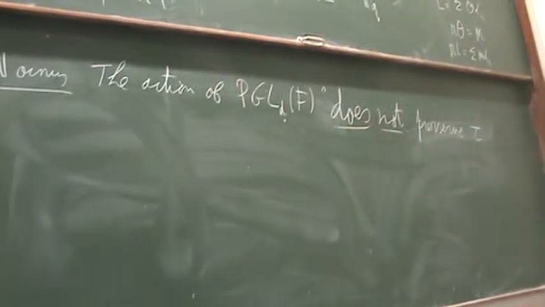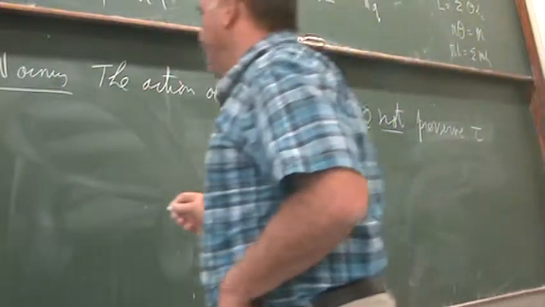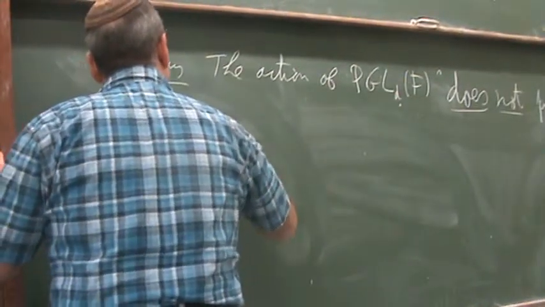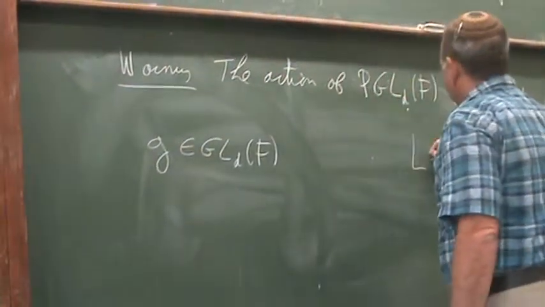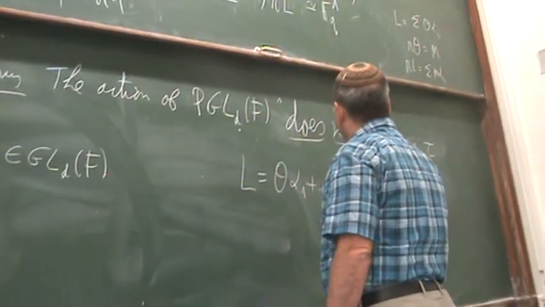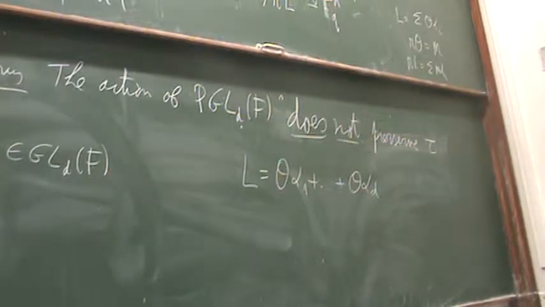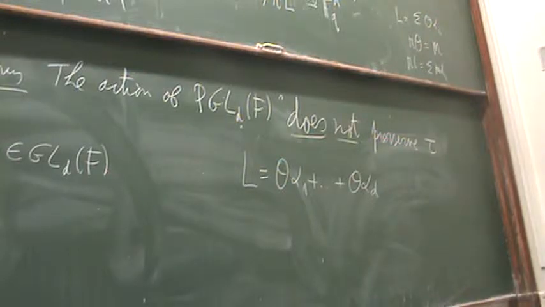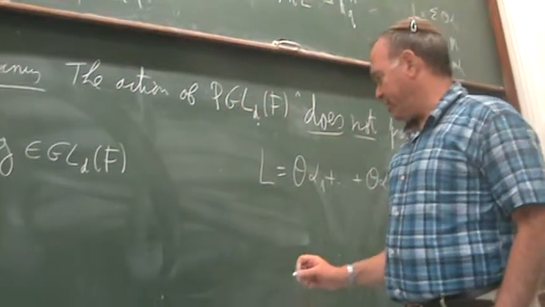But let's see how it acts. You can really understand how it acts. Let's look at an element G in GL_d(F), and let L be something like O alpha_1 plus ... plus O alpha_d. One way, if you remember, which I told you, even though we didn't solve it, I gave you this as an exercise, but it was not a difficult exercise.